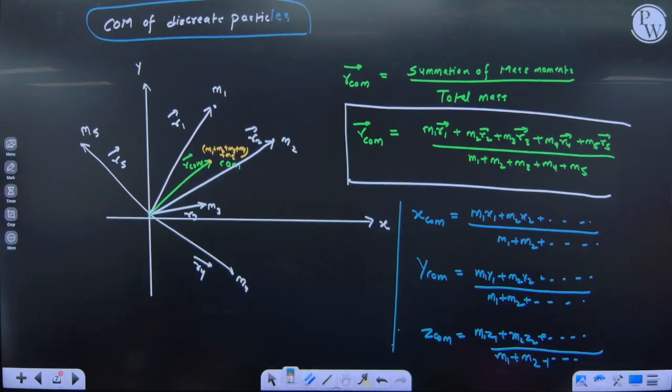Very easy, correct or not? So if we want to calculate in vector form, we will write the green formula. If we want direct coordinates, we will write the blue one.